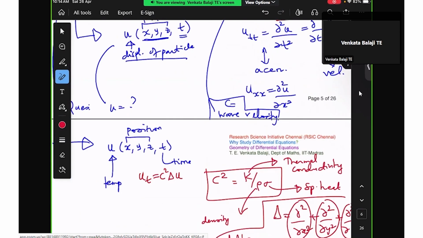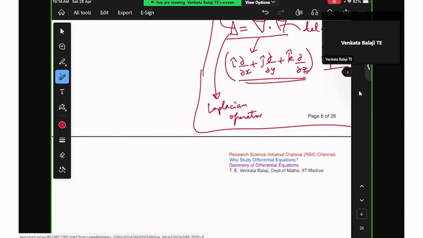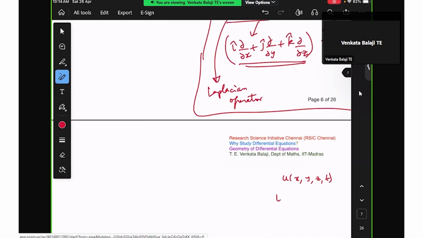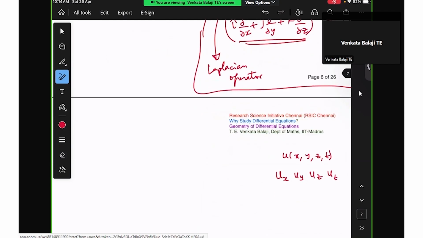When you take u of x, y, z, t, first derivatives are of course ux, uy, uz, ut. But for second derivatives, there can be all kinds of things. You can have uxt, or you can have uyz. What does uxt mean? It means del by del t of ux, which is del by del t of del u by del x.